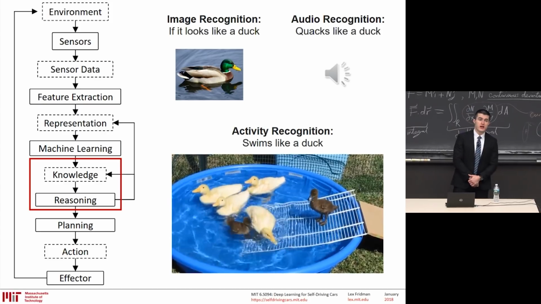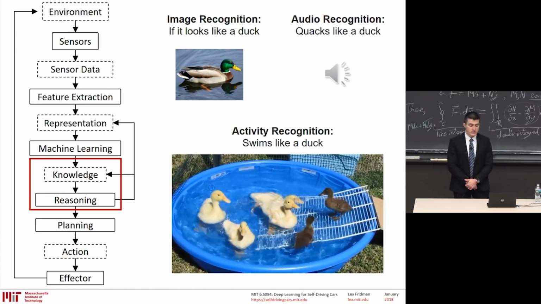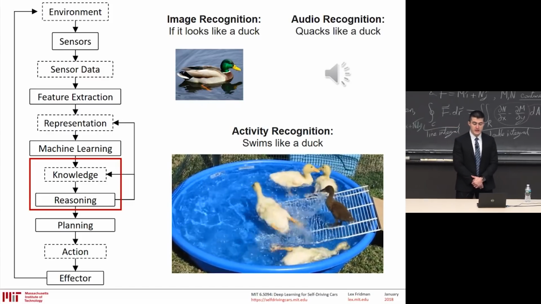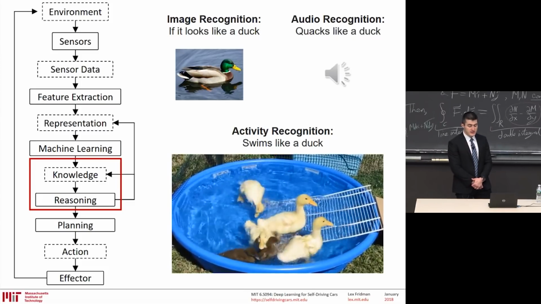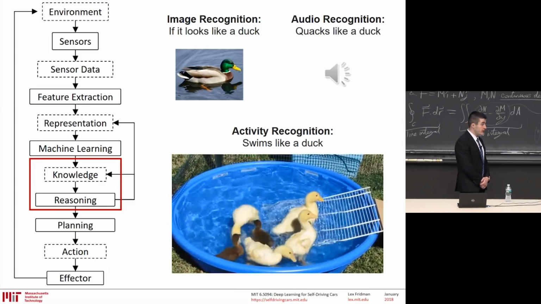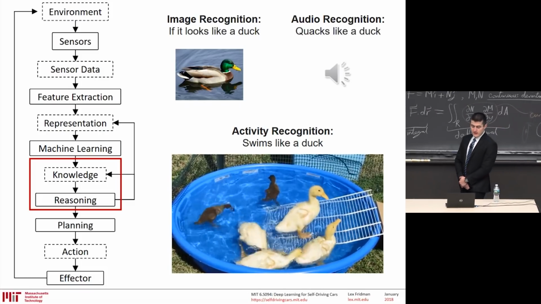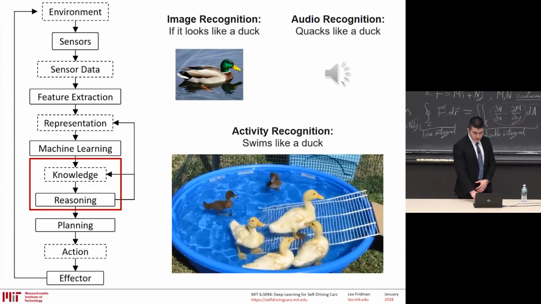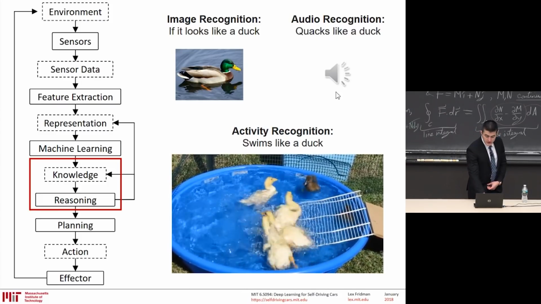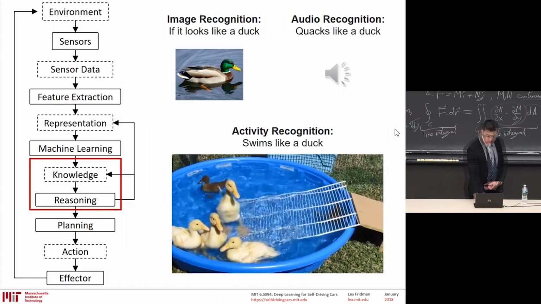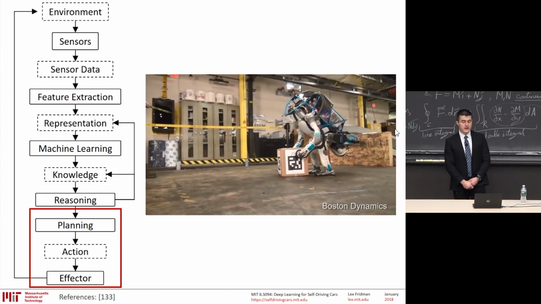Once that knowledge is extracted and aggregated, how do we connect it in multi-resolutional ways, form hierarchies of ideas, connect ideas? The trivial, silly example is connecting images, activity recognition, and audio, for example. If it looks like a duck, quacks like a duck, and swims like a duck, we do not currently have approaches that effectively integrate this information to produce a higher confidence estimate that it is in fact a duck.